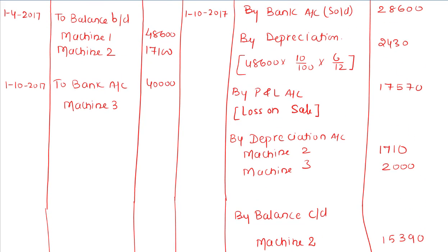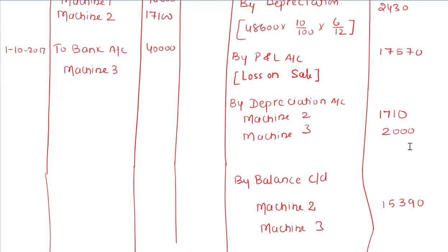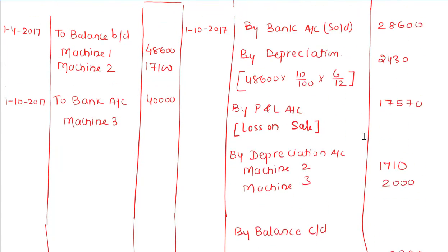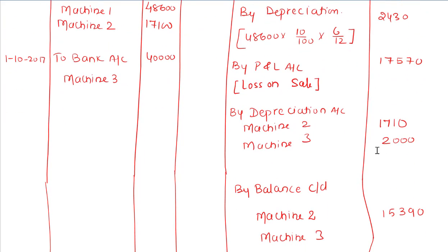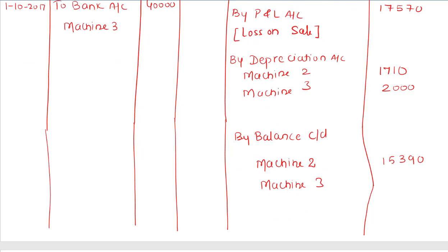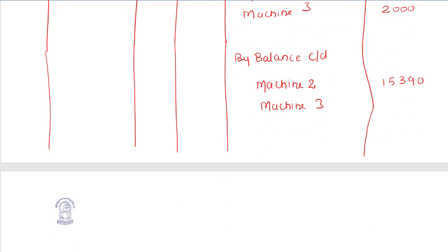For machine 3, it is 40,000 minus 2,000 for depreciation, so the value of machine 3 is 38,000.